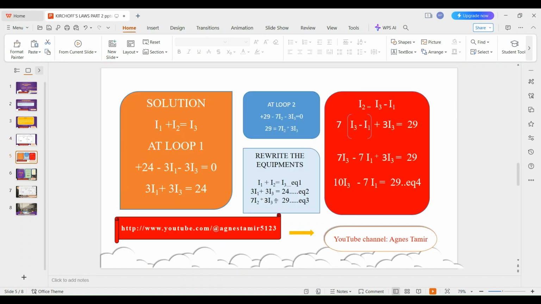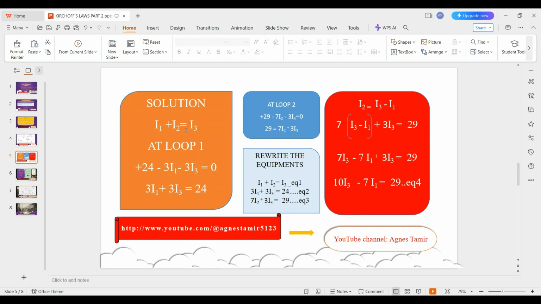Let's see it in this way. At loop 2, positive 29 minus 7 I2 minus 3 I3 is equal to 0. When this crosses to the other side, we shall have 29 is equal to 7 I2 plus 3 I3. This is our equation number 3.